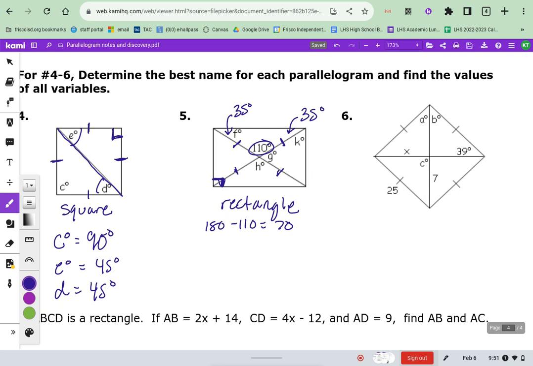So once I knew that, it helped me solve for K, because I knew that the 35 degree angle plus K have to add to 90 together. So 90 minus 35 is 55.